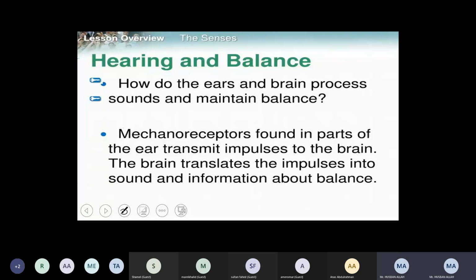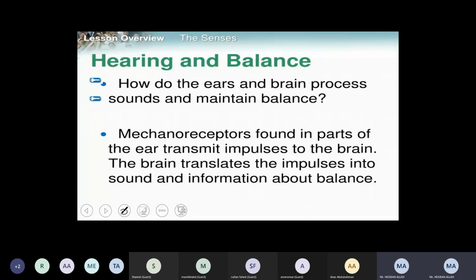Mechanoreceptors found in a part of the ear transmit impulses to the brain.